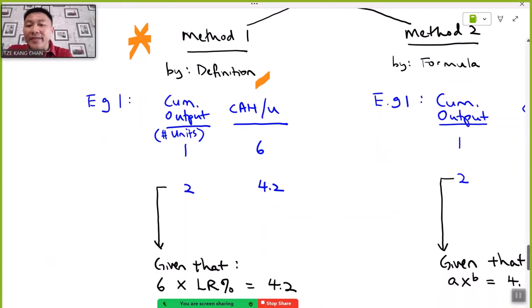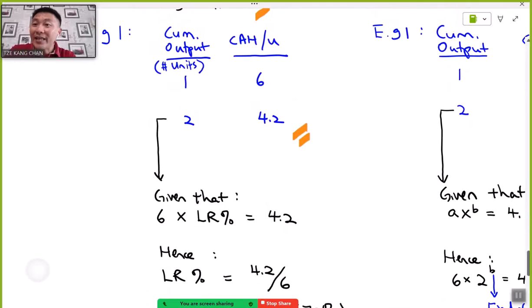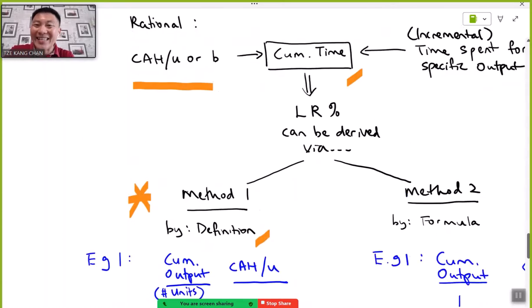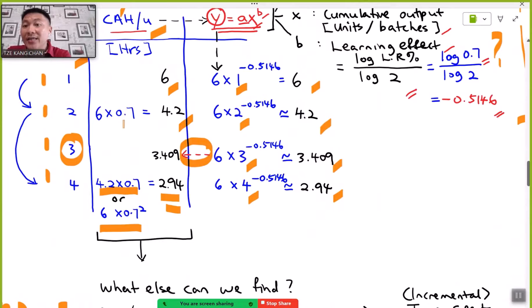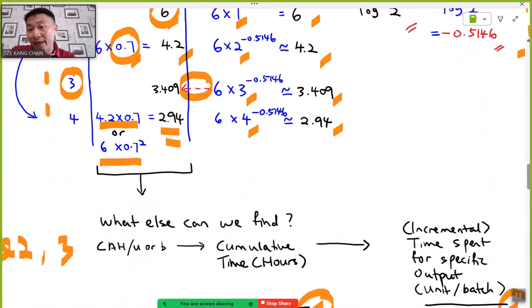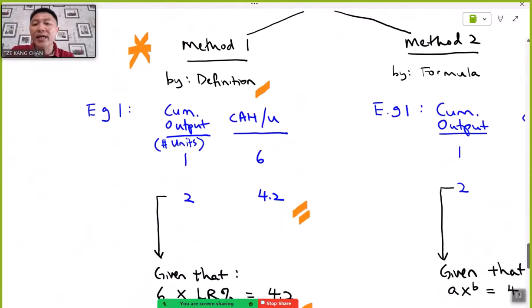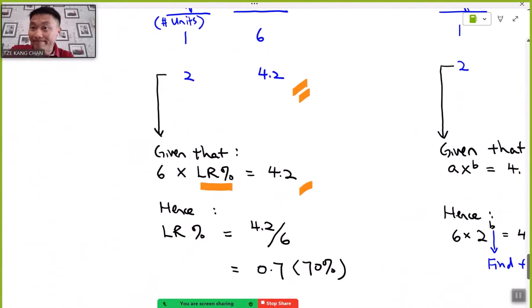Given that these were the statistics, the figures that we have derived from the above, should the question ask how we derive the learning rate based upon these readings, what we have to do is just think backwards. Given that the 4.2 hours, as we have discussed a while ago, was derived by taking 70% of the last cumulative average hour, and if the question asks for the learning rate, what we have to do is leave the learning rate as the unknown.